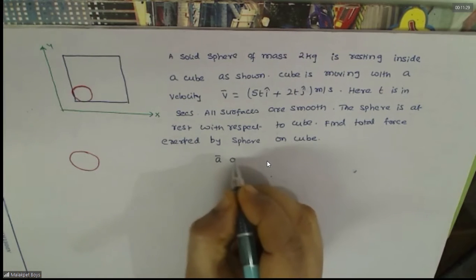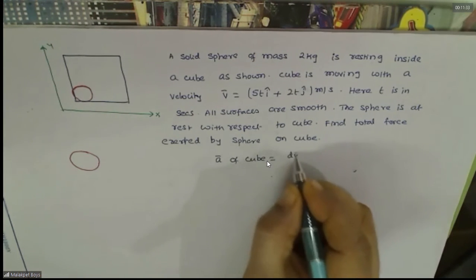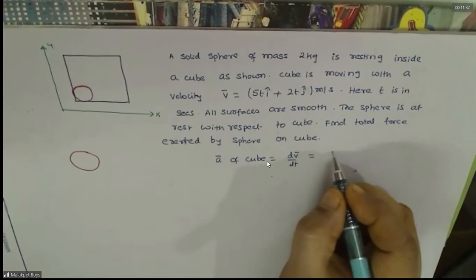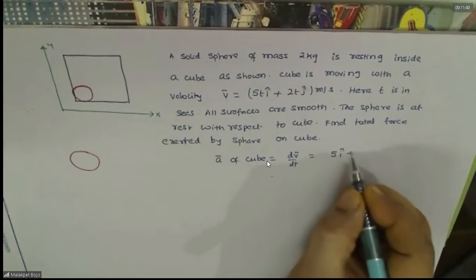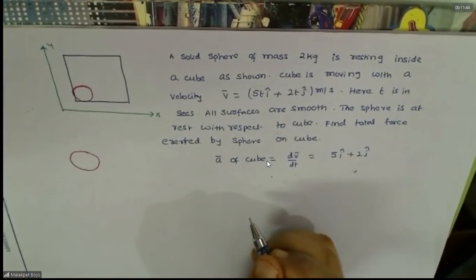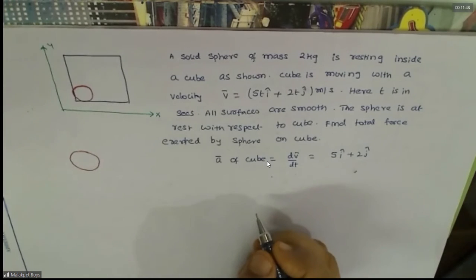Acceleration of Q is rate of change of velocity. So that is 5 i cap plus 2 j cap. That means the sphere has two accelerations, one along x and one along y.